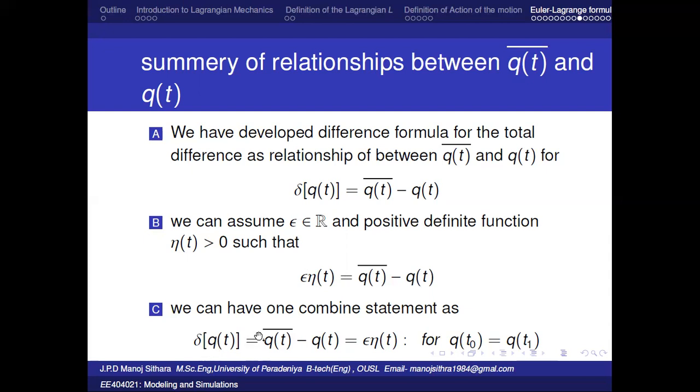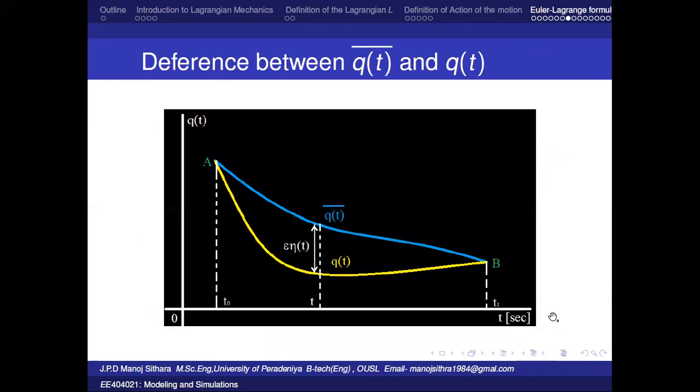So we can use two equivalent signs to represent the definition of the difference, as well as this functional behavior for some well-known definition of the function, for real value of epsilon and positive definite function eta. These are the boundary conditions, and we know that these two are going to be zero as we defined here.